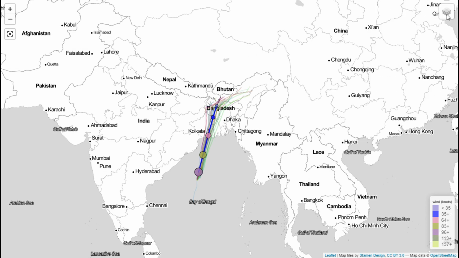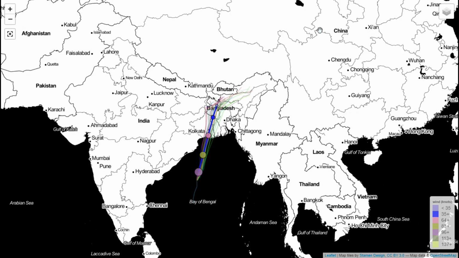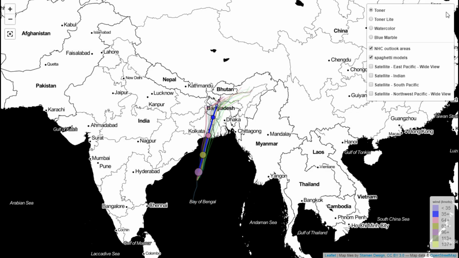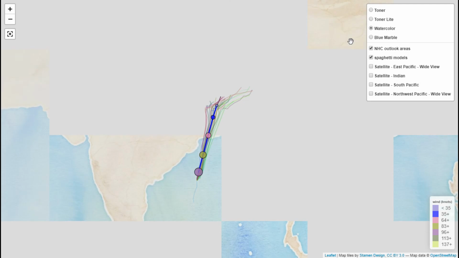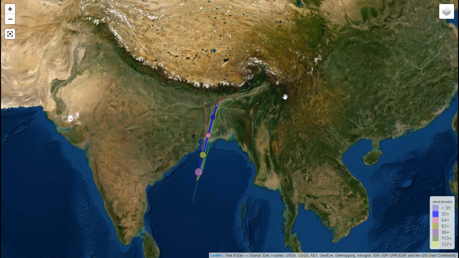So these are the different modes of the map, and the data, the model, the simulation is everything. All the technical parts have been done by NOAA on the basis of certain spaghetti simulation models, which are used to track the movement of cyclones.